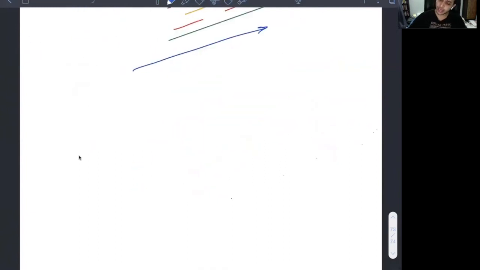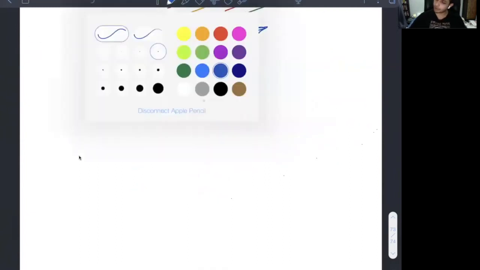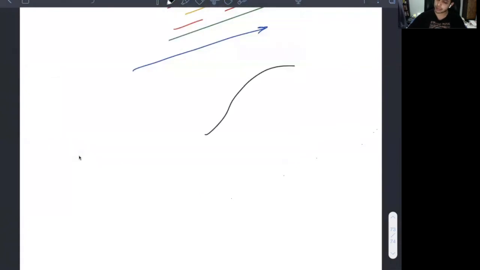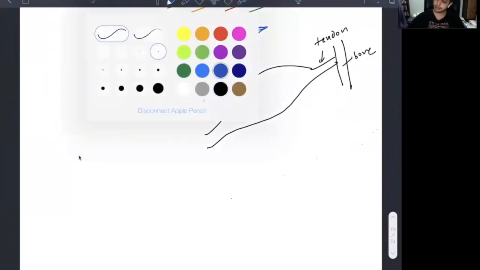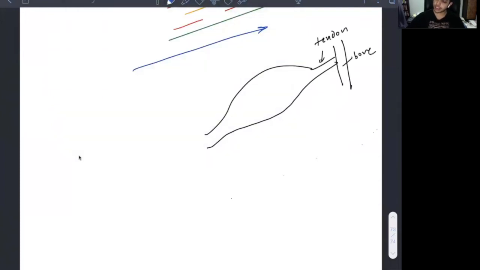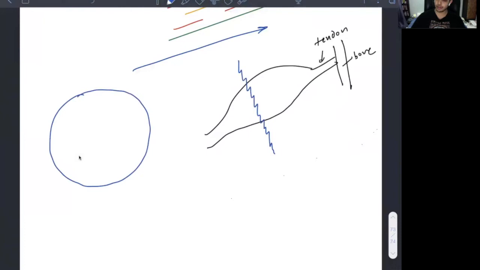So taking a little more zoomed out approach, suppose this is a muscle. Then this will be the tendon. It is attached to the bone. And suppose you take a cross section here. Suppose you cut the muscle here, then you'll get a circular view like this. And the muscle fibers are going like this.